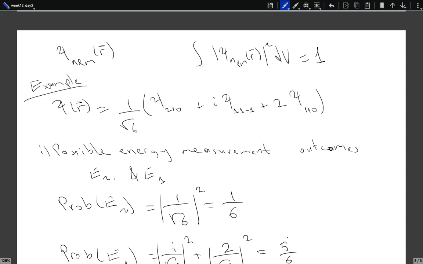At the accuracy of this model, there is no difference in energy due to L values. Here we are still discussing single electron systems. If you have more than one electron, things start to get more complicated.